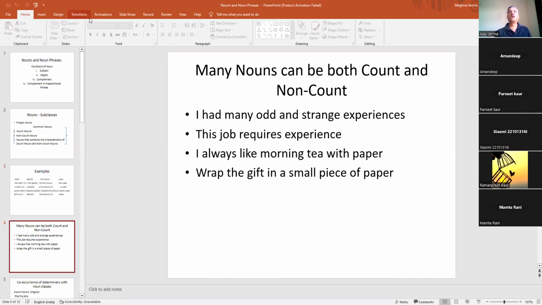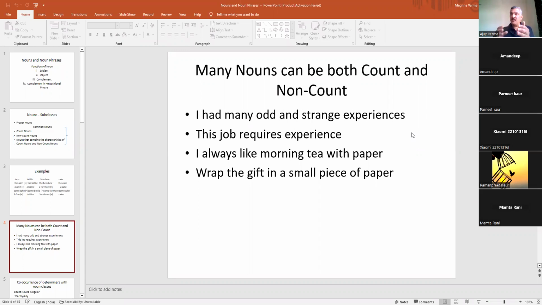Now let us move on to the next slide, where there is an example of 2 words, experience and paper. Now these are just examples, and you have lots of nouns which can be similarly used as count and non-count nouns. But I have taken just 2 examples from the book. Experience. So as you can see, I had many odd and strange experiences.